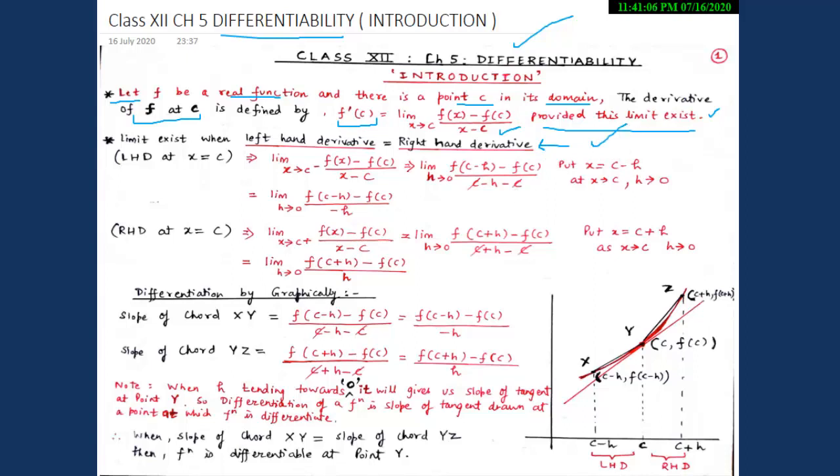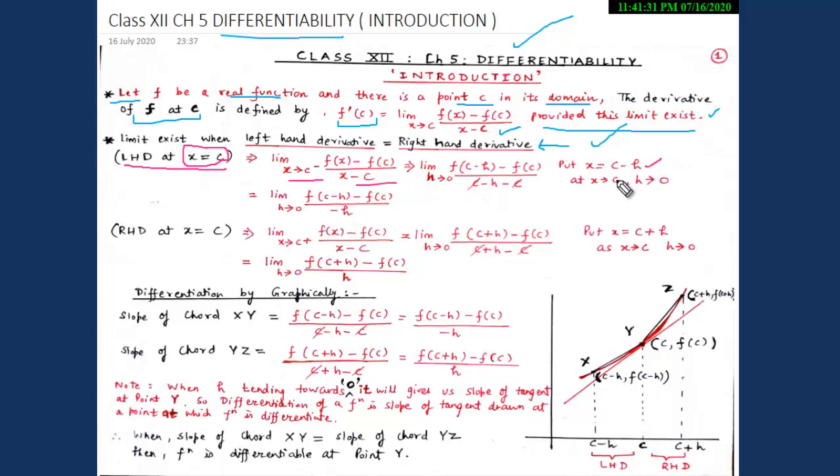So, to check whether a function is differentiable or not, first we will consider the left hand derivative and we will check at x is equal to C. So, from here we can write this as limit x tends to C minus of f(x) minus f(C) upon x minus C. In place of x we will put C minus h.